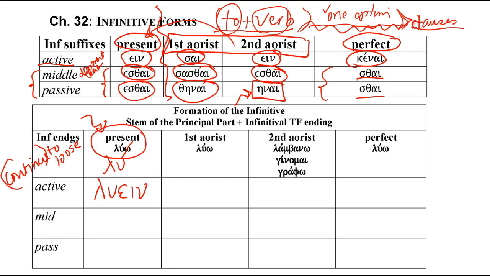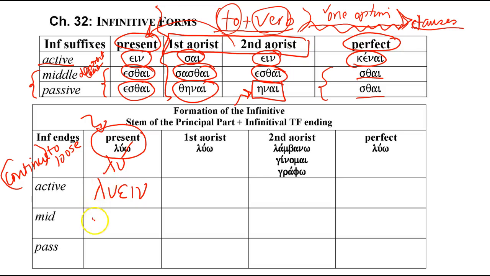That's where you get the continuous aspect being translated in English. So while to loose is an acceptable translation, to distinguish it from the aorist translation, I think what we'll need to do is in parentheses use continue to remind you that any present tense form, the aspect or the kind of action is the continuous action.